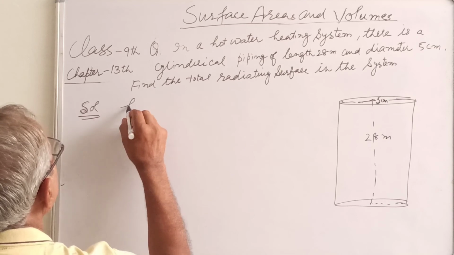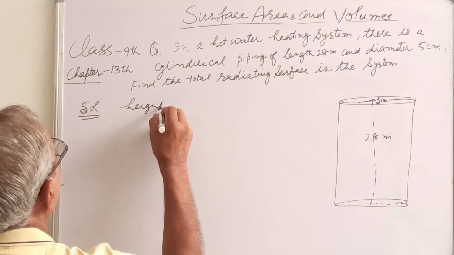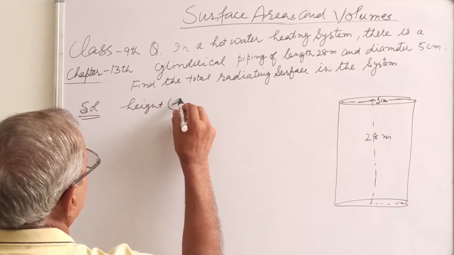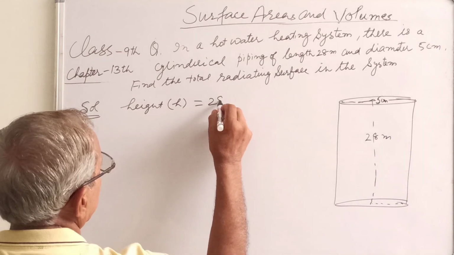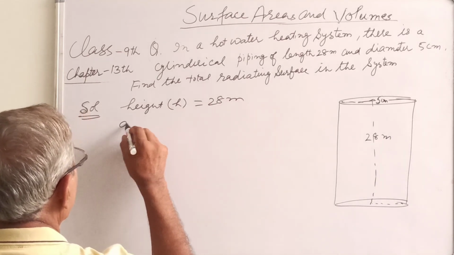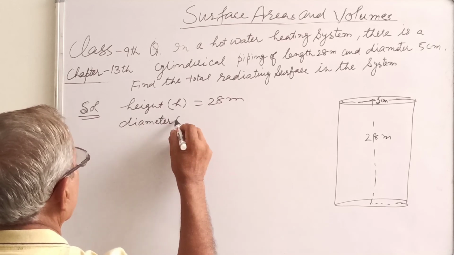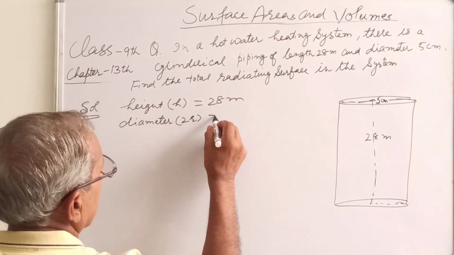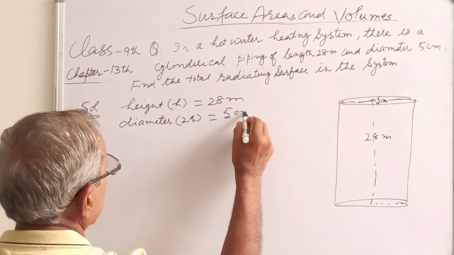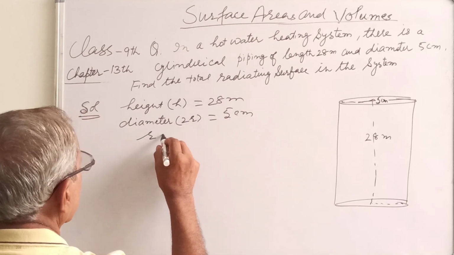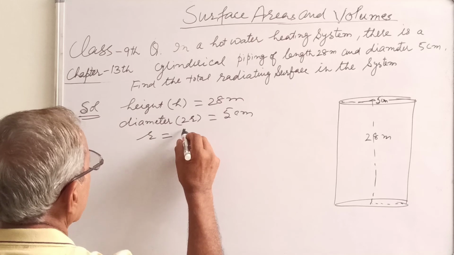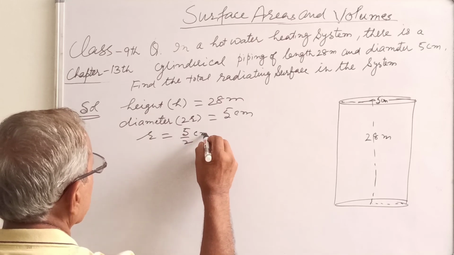So height is 28 meter, diameter 5 centimeter. So therefore radius is 5/2 centimeter.